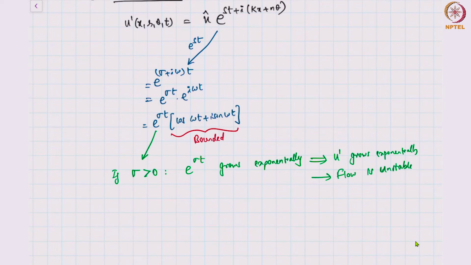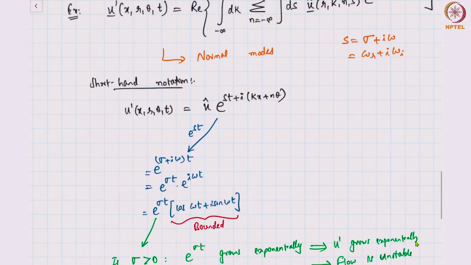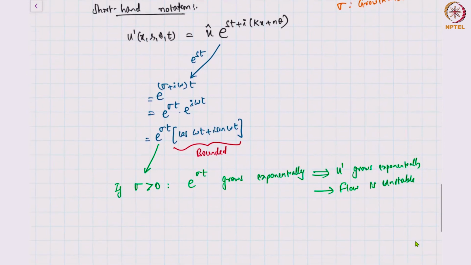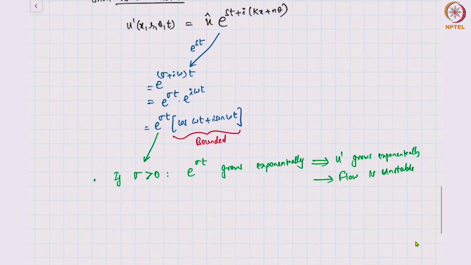Now the flow is unstable for some particular value of k and n. So in other words, imagine that you're fixing k and n. You could be fixing a flow parameter like a Reynolds number and ask what is the value of sigma that you get, or the real part of s. The sigma is called the growth rate.